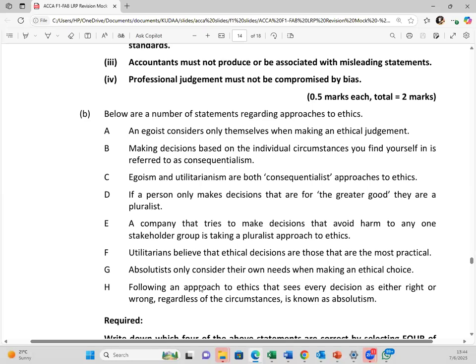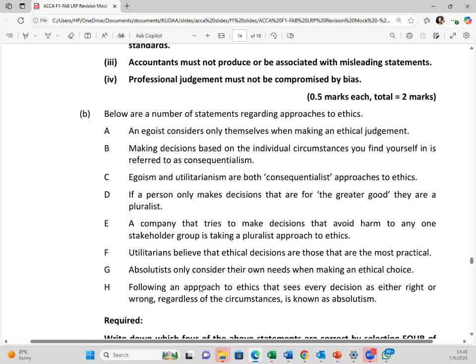If something is ethical, we are saying this is the right way of behaving expected of the individual. Something that is ethical is something we are regarding as being the right way of behaving.